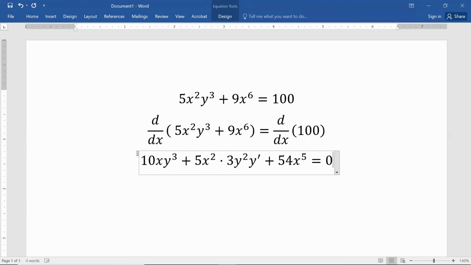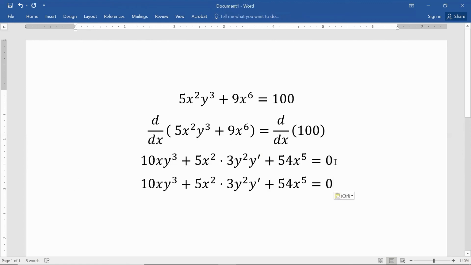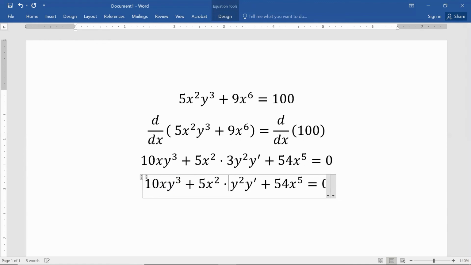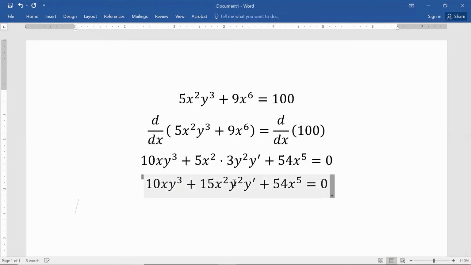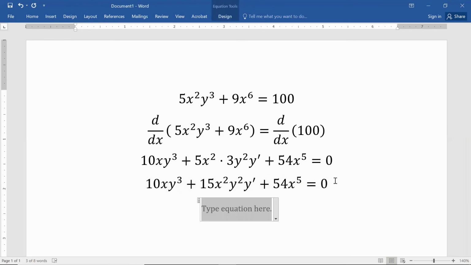So you can see that this one is a pretty involved equation. We can clean that up a bit, make our lives a little bit easier. 5x squared times 3y squared is going to be 15x squared y squared. So now what I'm going to do is solve for y prime. There's only one term with a y prime on it, so I'm going to leave that term on the left.